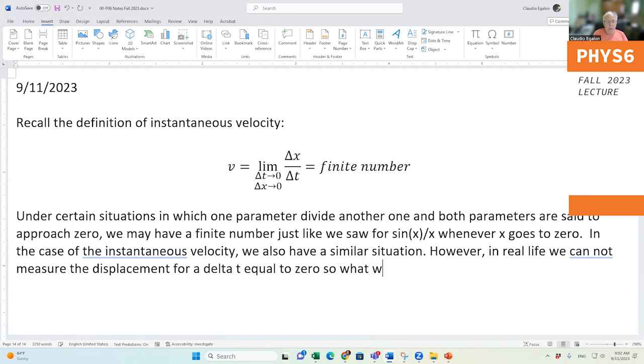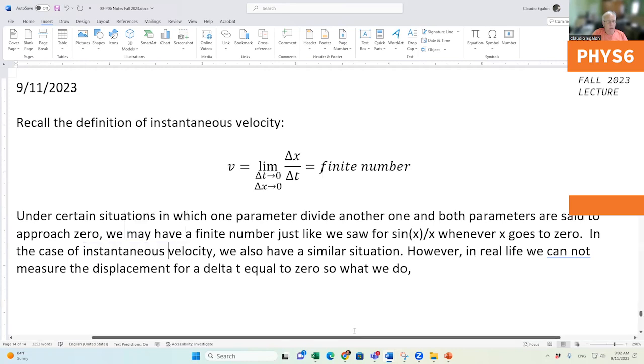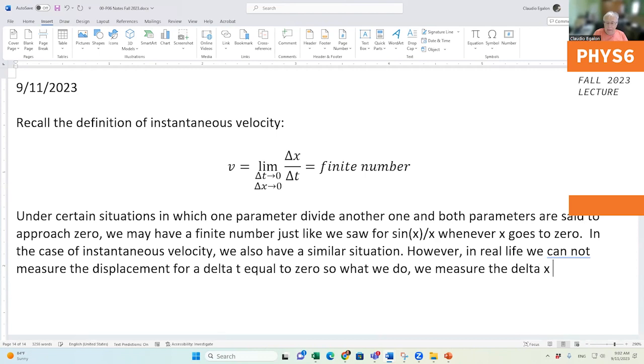So what we do, in the case of instantaneous velocity, is measure the delta x for a very small amount of time.